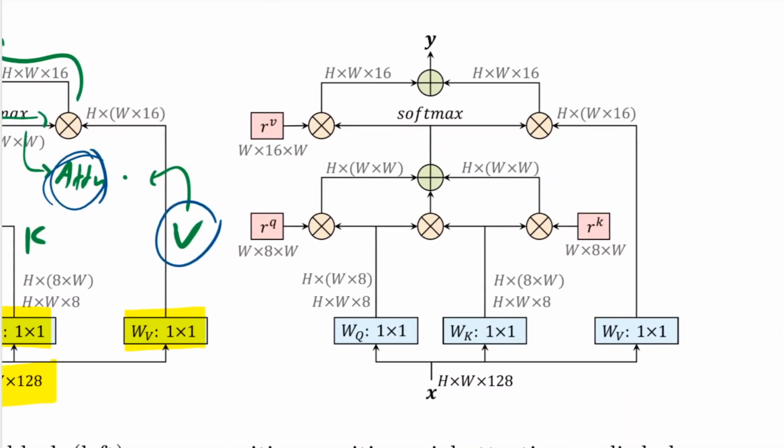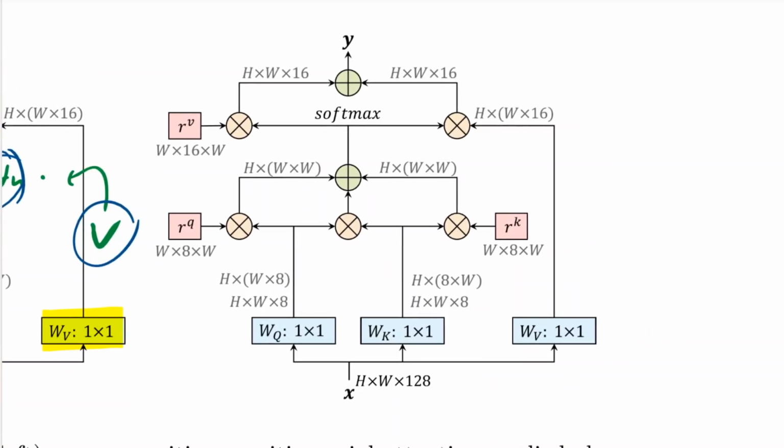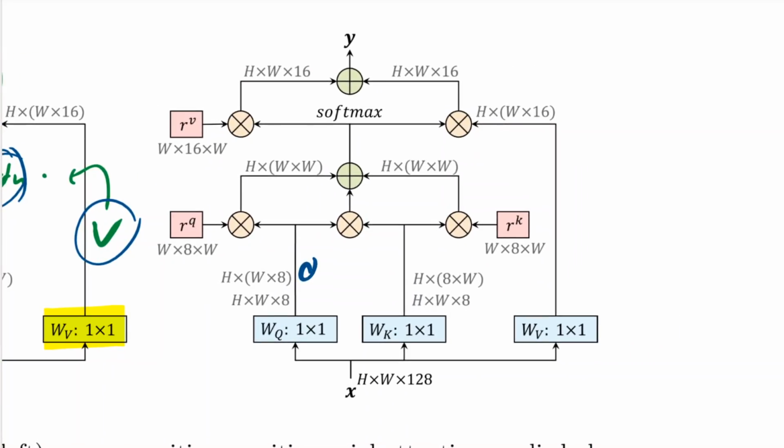In contrast, when we introduce these positional encodings, you can see right here, again, we have query, key, and value. Now, it gets a little bit more complex right here.